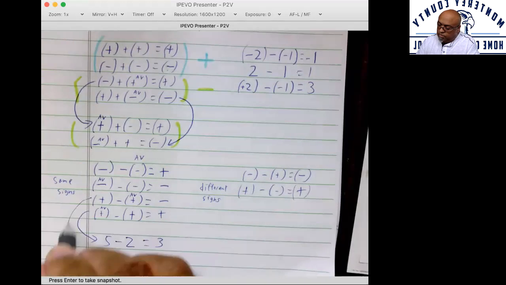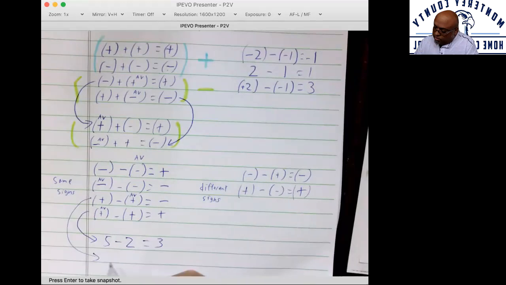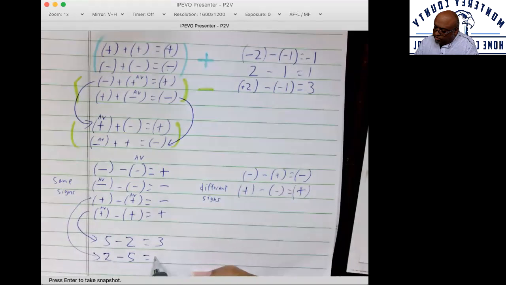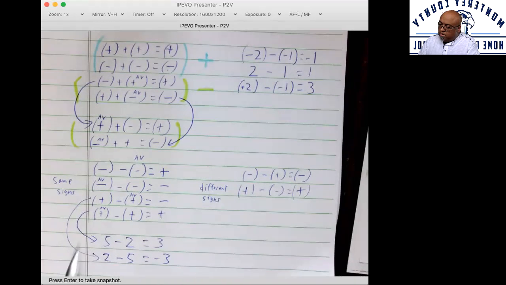Let's take this one for example. If I have positive 2 minus positive 5, my answer is negative 3. A positive minus a positive of greater absolute value is negative. Okay? Now the idea here is that if I have a small number and I take away a much larger number, then my answer is going to be negative because I took away more than what's there.